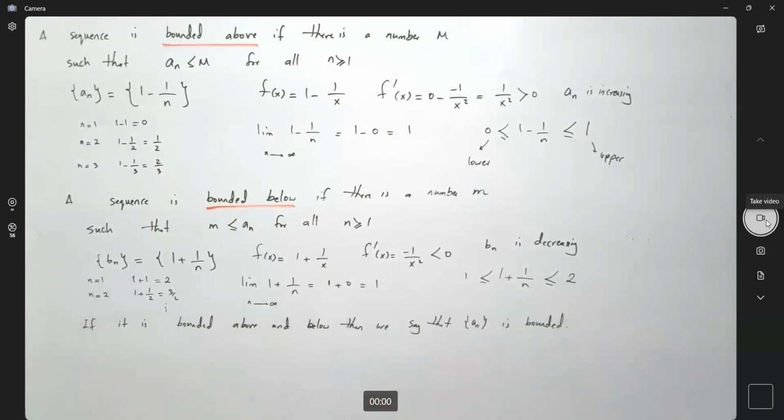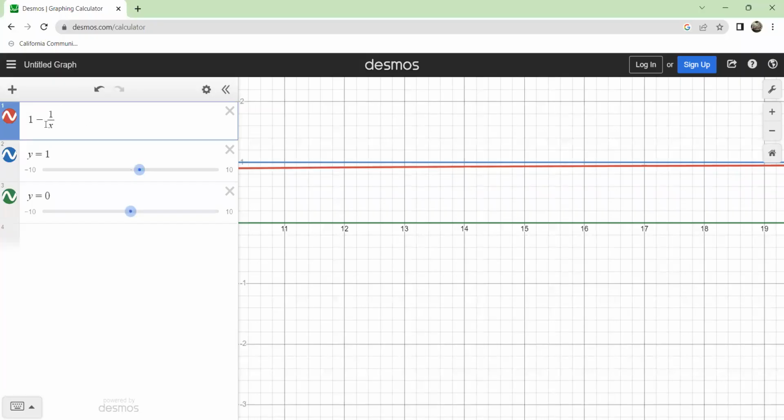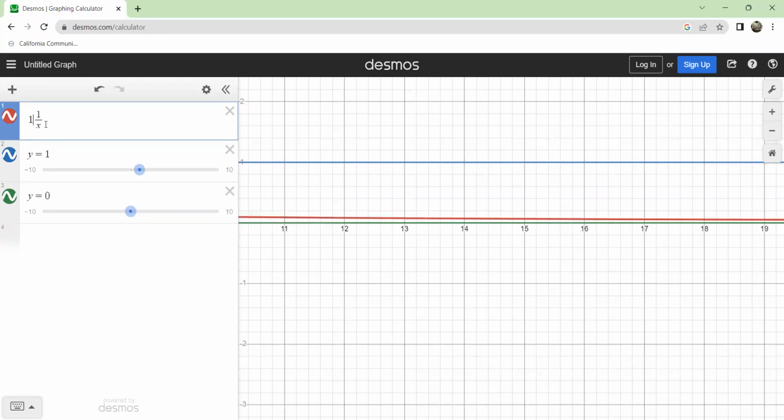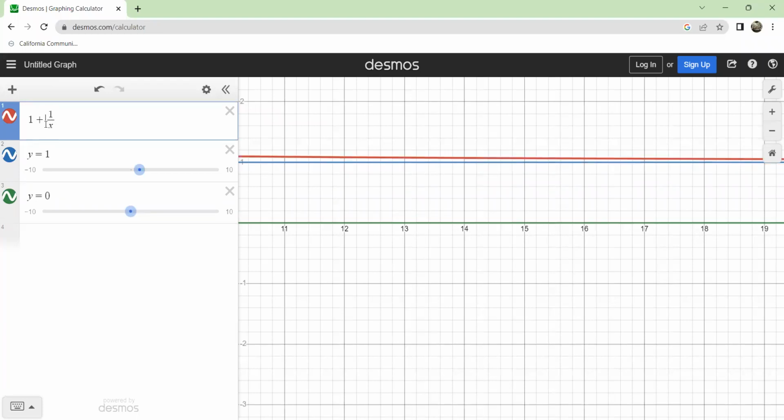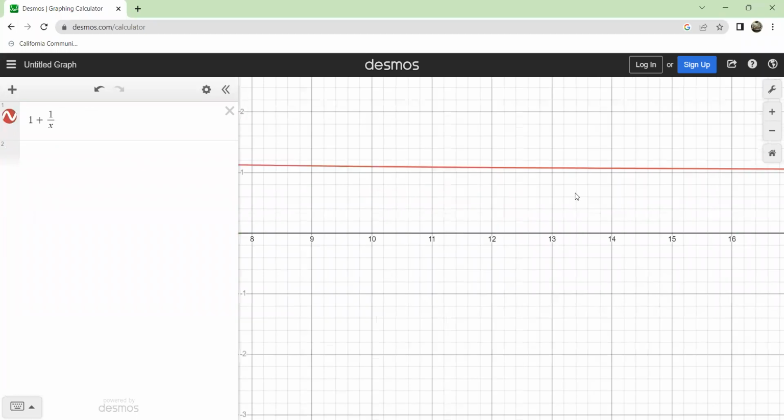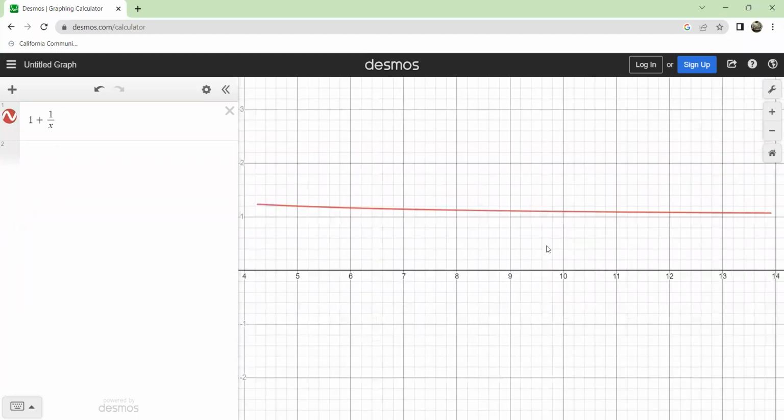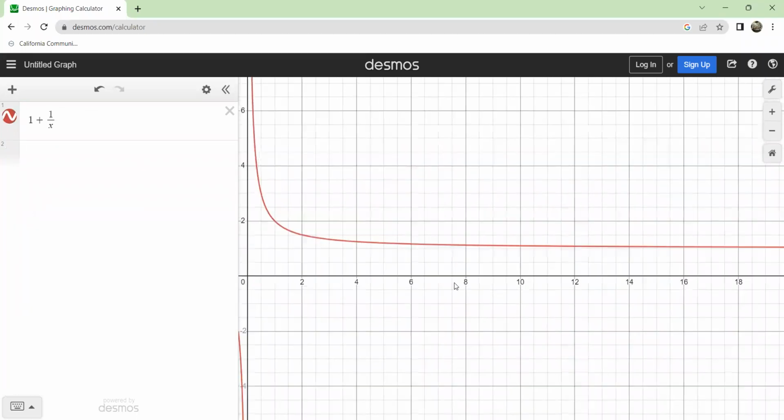We can look at the graph of this function and see what's happening here. Again, if you use Desmos, it shows x. It doesn't give you the sequence, but we can analyze this by looking at the graph of the function. So again, you're not looking at the whole thing.